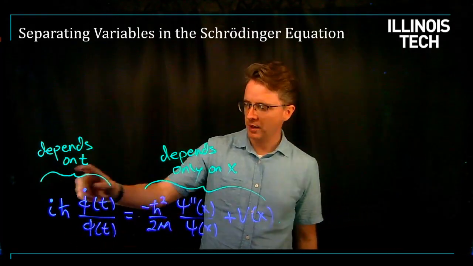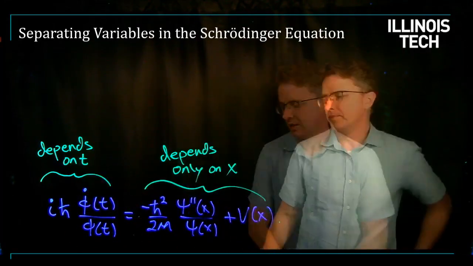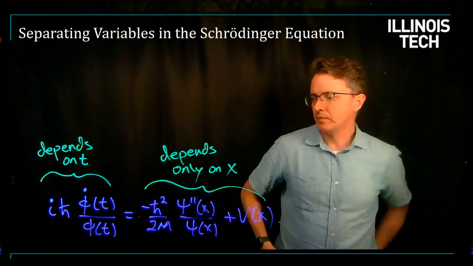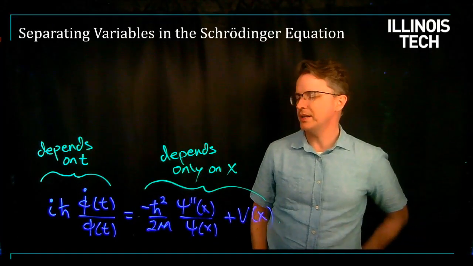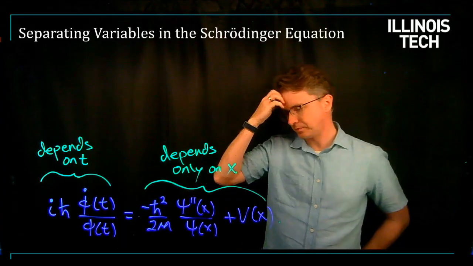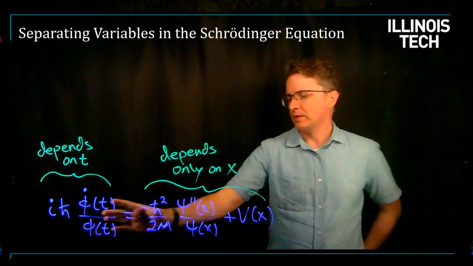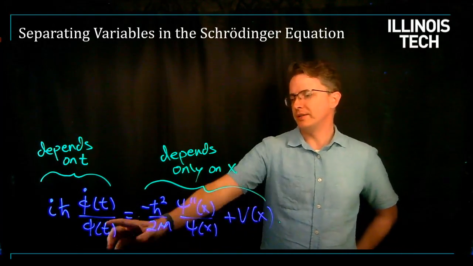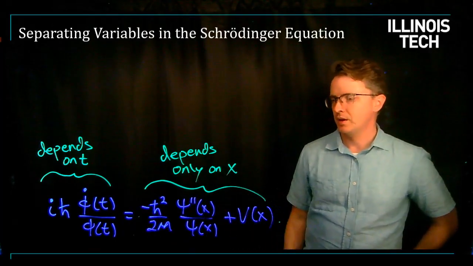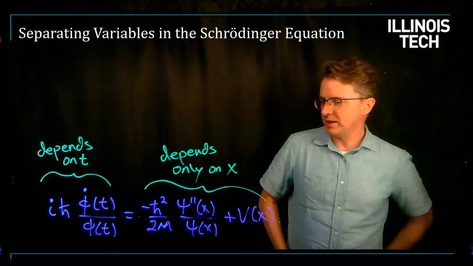So let's think a little bit carefully about this. If I think about the left side of this equation, it does not depend on x, right? By assumption, it does not depend on x. But the left side must be equal to the right side. There's an equal sign here. And the right side does not depend on t, right?